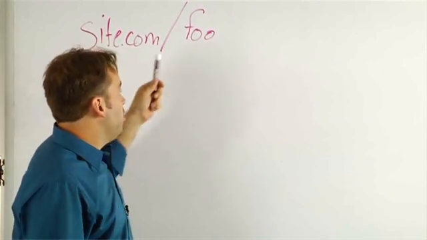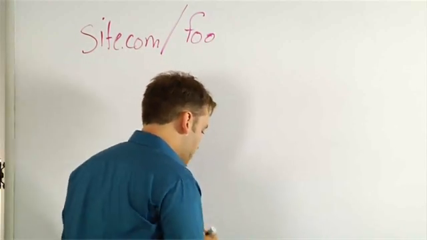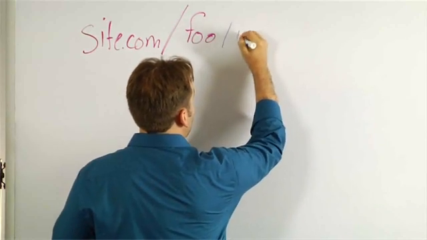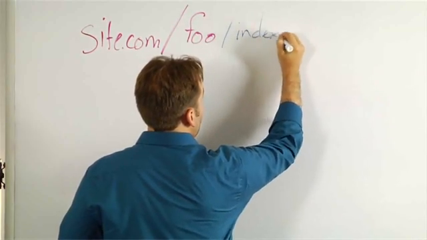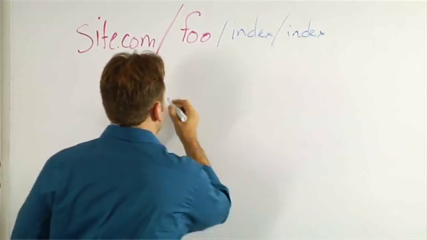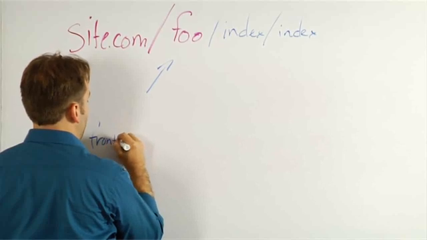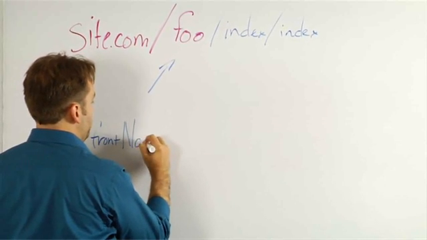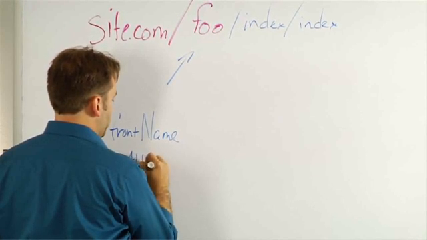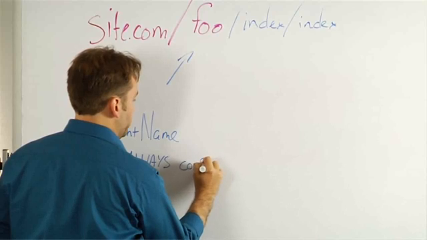So right now, this would map, without me specifying anything else, to index controller index action. Front name is always configured.